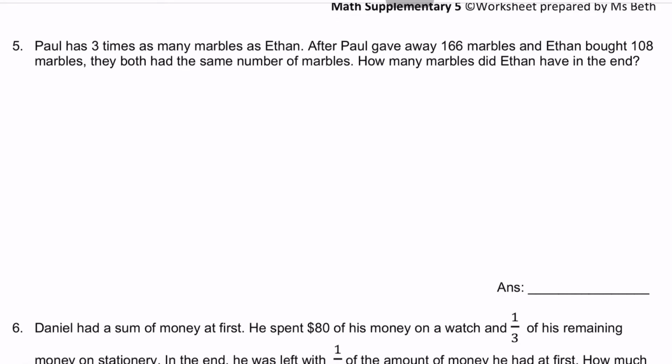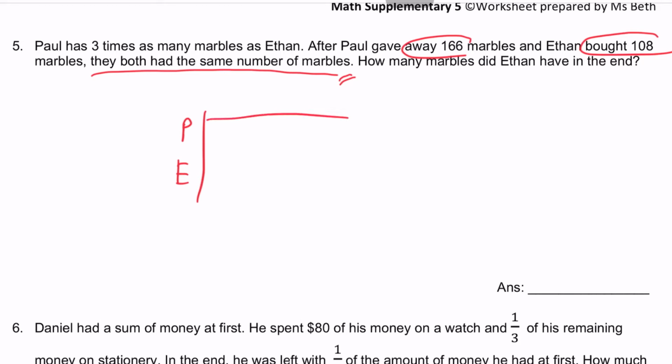Paul has 3 times as many marbles as Ethan. After Paul gave away 166, Ethan bought 108. They both had the same number of marbles. So I'm going to start drawing my model by drawing the end, where they had the same amount. Okay, now we're going to backtrack. Paul gave away 166, which means he has to take back that 166.